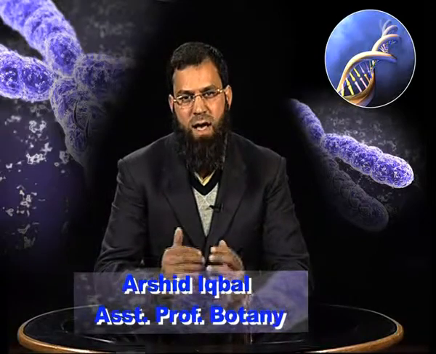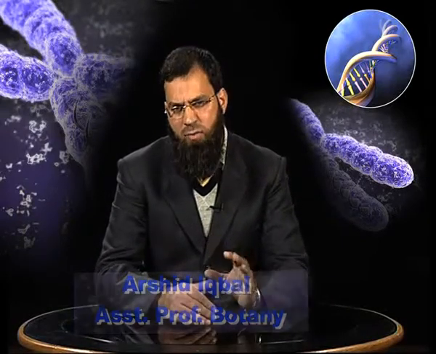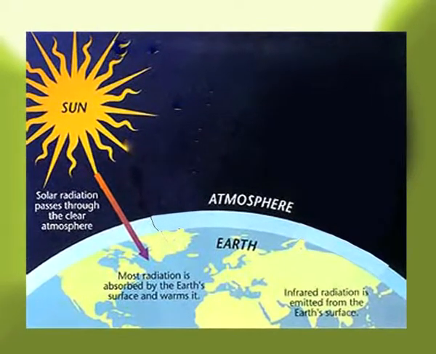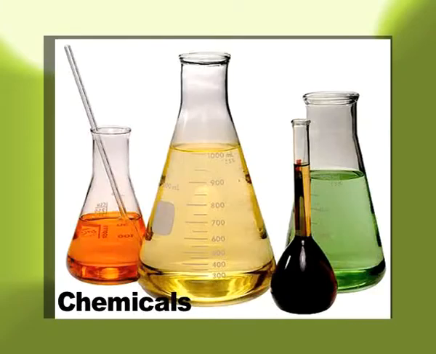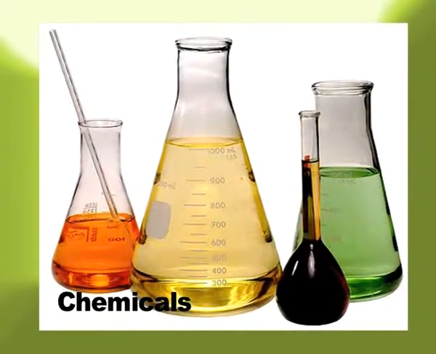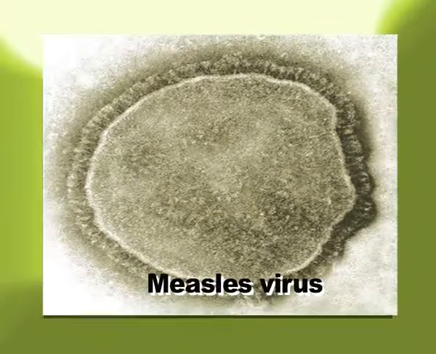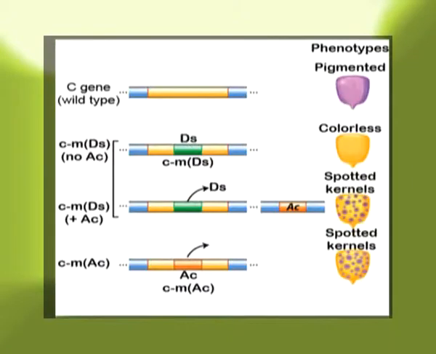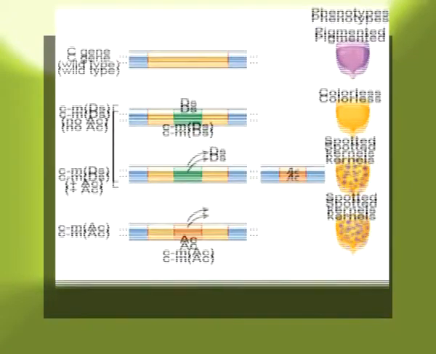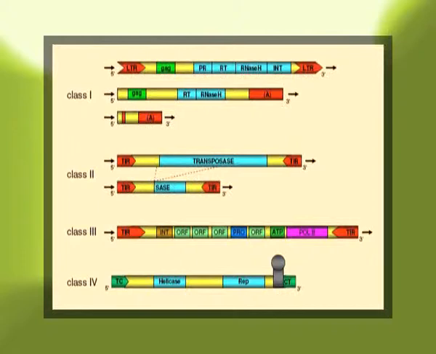Chromosomal breakage occurs spontaneously at a low frequency, but the rate of breakage is increased by several radiations, chemical agents, and by several viruses, for example, measles virus. In addition, some genes are also known to induce chromosome breakage, for example, the activated dissociator gene of maize and other transposable elements of eukaryotes.